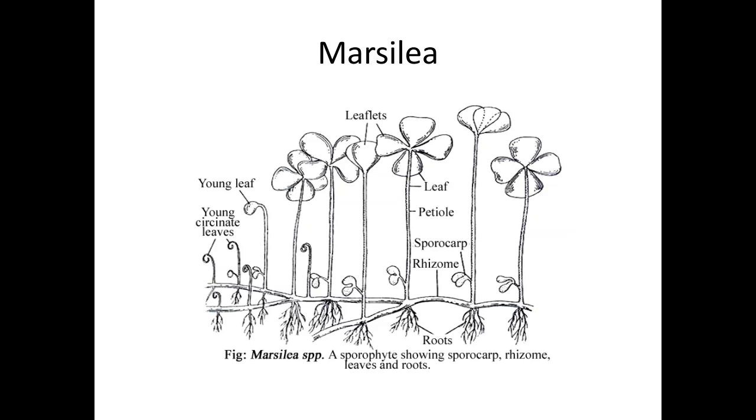The microspores are many in number and megaspores are few in number. Microspores are smaller in size and megaspores are bigger in size. So this is regarding the Marsilea diagram. Thank you.